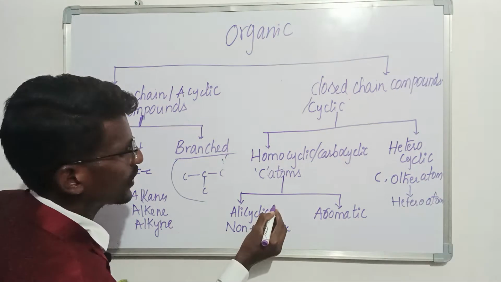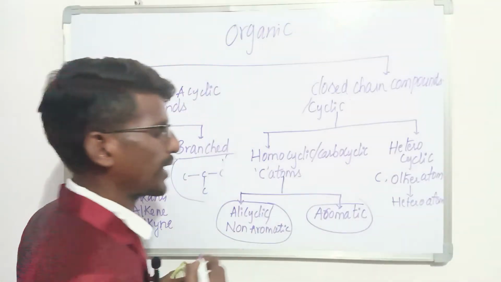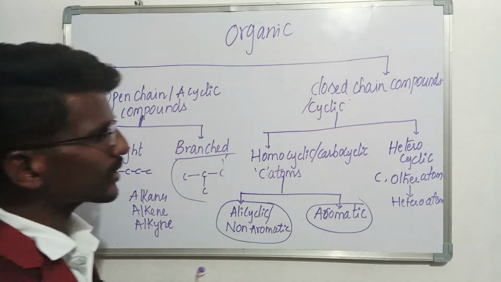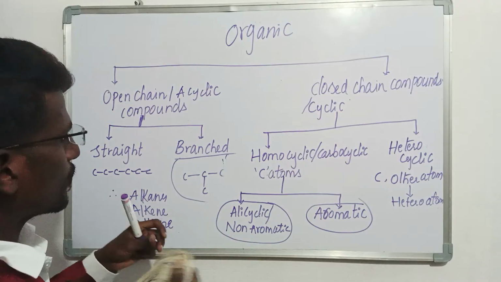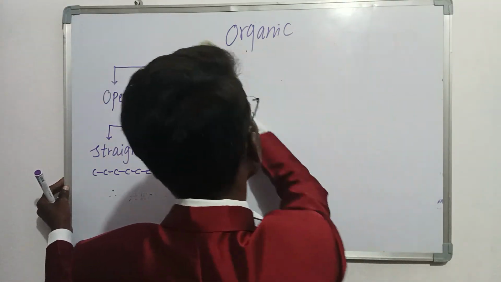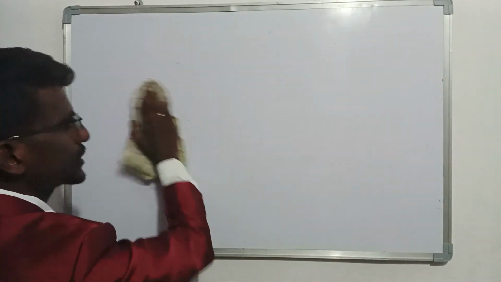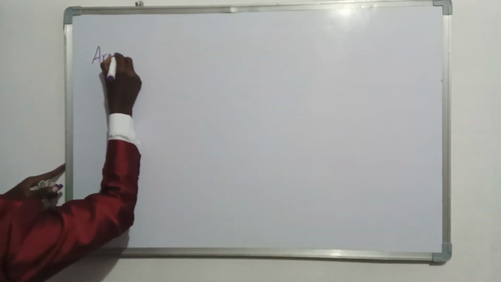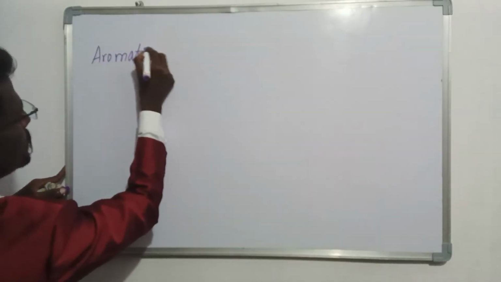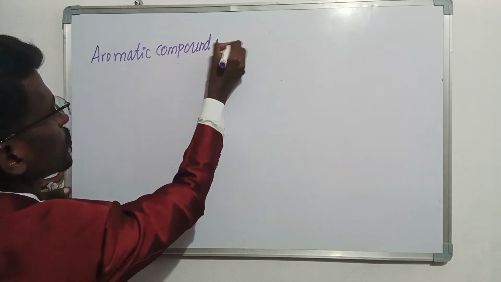Then we are going to discuss the difference between aromatic compounds and non-aromatic compounds. For example, we will discuss whether cyclic compounds are aromatic or not. So how can we say that a compound is aromatic, which is the most important question?